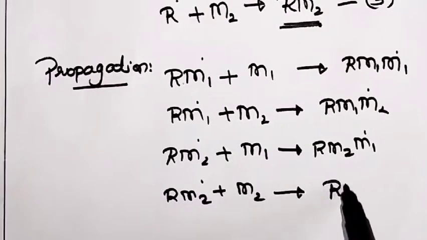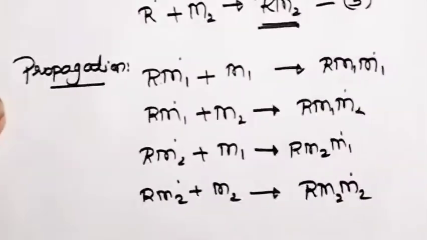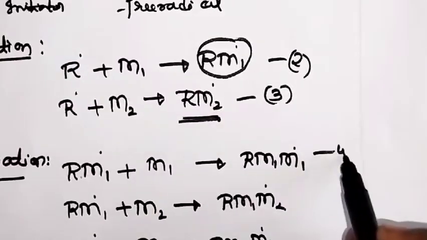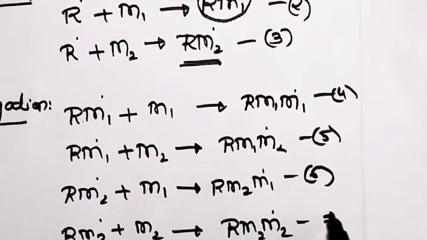Similarly, here we get the M2M2 free radical. I continue the numbering: this is 4, 5, 6 and this is the 7th equation.